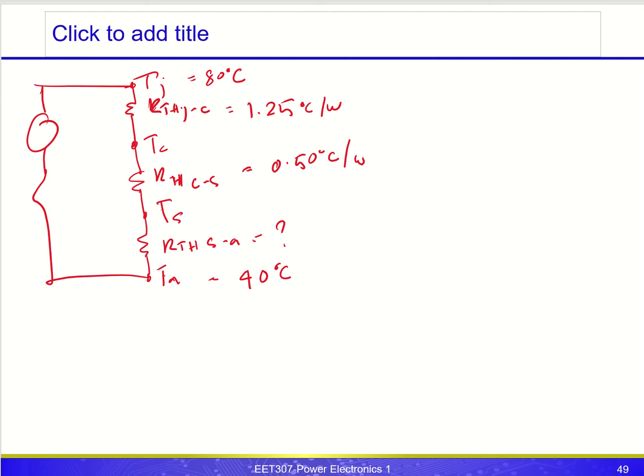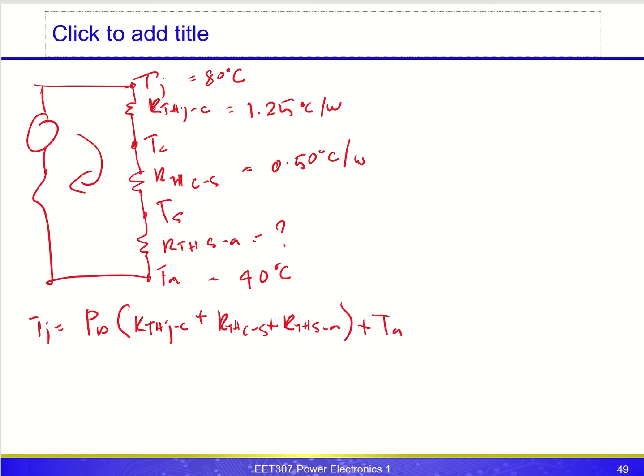So according to this, you still remember to get the equivalent circuit, and then the final equation, which is the value of the TJ is equal to PD times RTH JC plus RTH CS plus RTH SA, plus the TA.